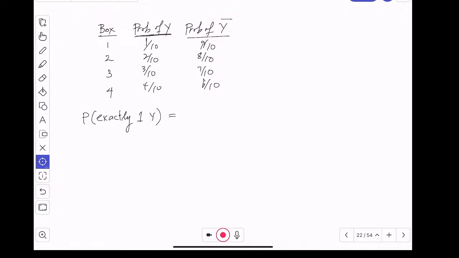So you have to think of the different events that would make it be exactly one yellow ball. So the chance of exactly one would be the probability that the selection from box 1 is yellow and no yellows from all the other boxes.